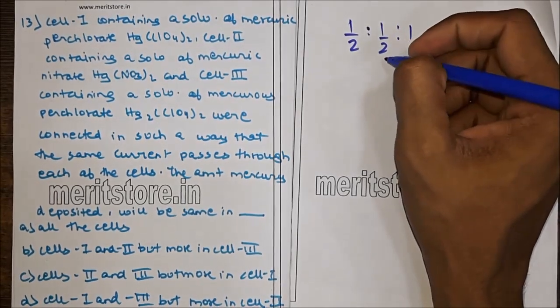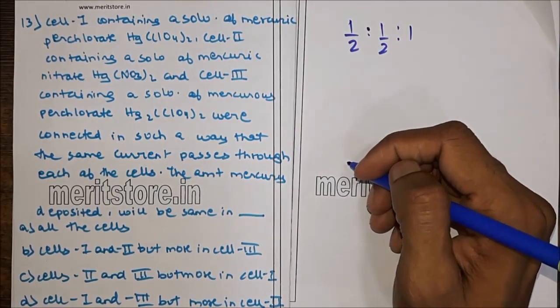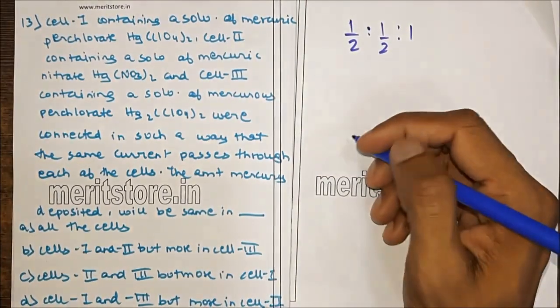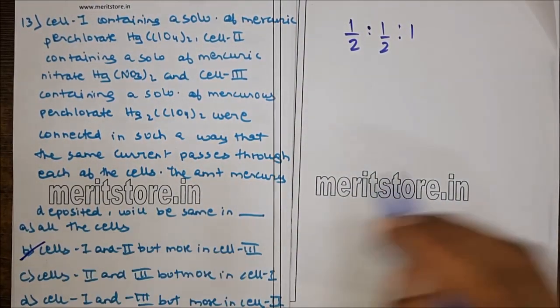We see that the amount is the same in cell 1 and cell 2 but more in cell 3. Therefore, we see our option B is the correct answer.